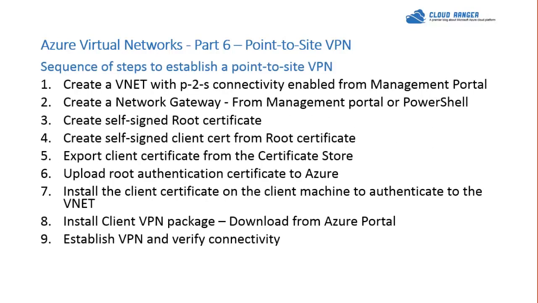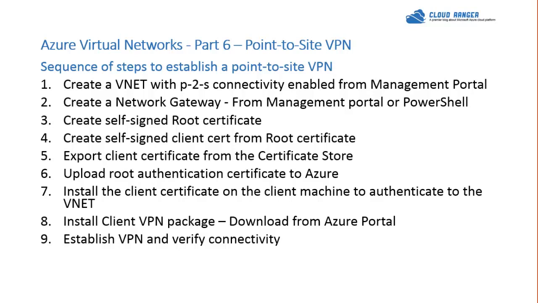These are the sequence of steps that we'll use to establish the point-to-site VPN. The first is that we'll create the virtual network with point-to-site connectivity enabled from the management portal. Second, once the virtual network is created, we'll create the gateway from the management portal. I'll show you the PowerShell command for it as well, but we'll be doing this from the management portal. Then steps 3 and 4 are related to the certificate.